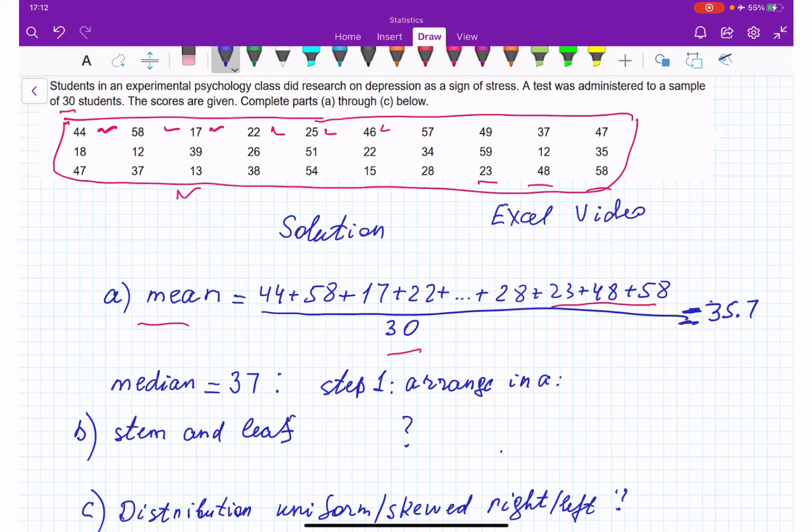You find 15 and 16. Let me see if it's 30. So the first row will be 10. Here will be 20. So 10, 11, 12, 13, 14, and 22 looks like it's going to be the middle position. Position 15, position 16.